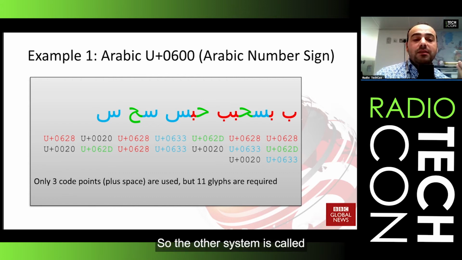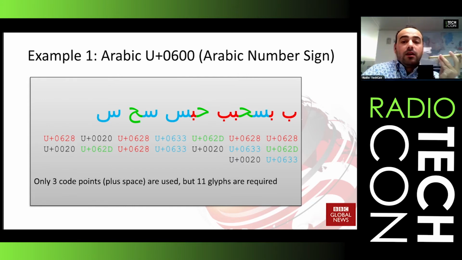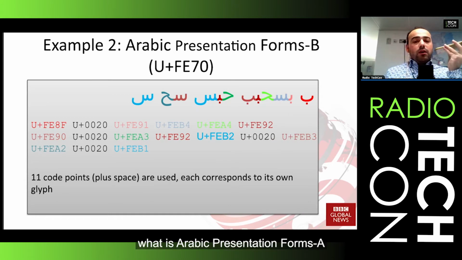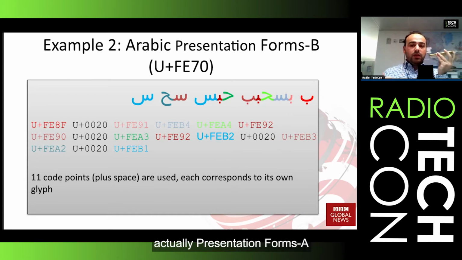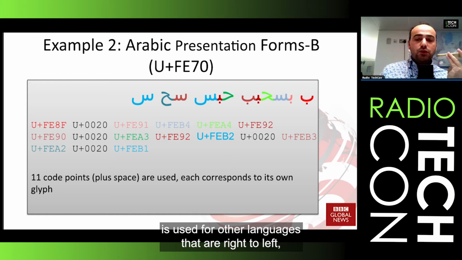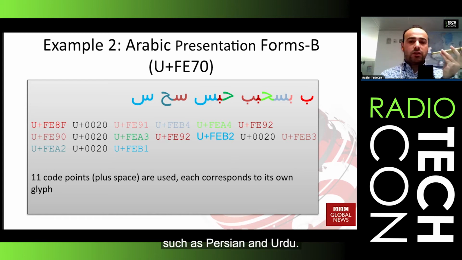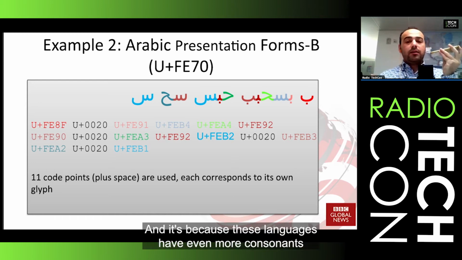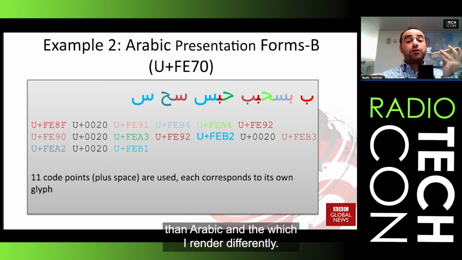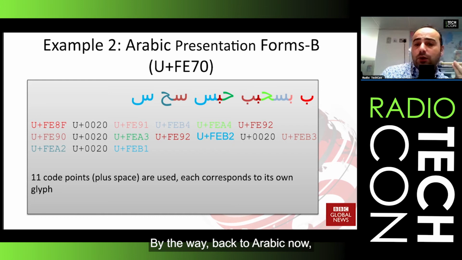The other system is called the Arabic Presentation Forms B. And if you ask what is Arabic Presentation Forms A, Presentation Forms A is used for other languages that are right to left, such as Persian and Urdu, because these languages have even more consonants than Arabic, which are rendered differently. But anyway, back to Arabic now.